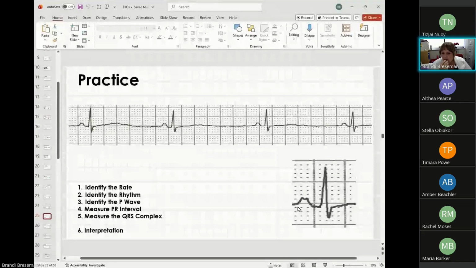Digoxin, beta blockers, calcium channel blockers. If there's problems with the SA node, yes. Vagal stimulation. Don't forget about that, because that can happen with your cardiac patients.